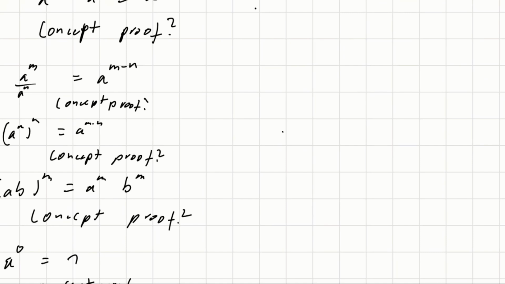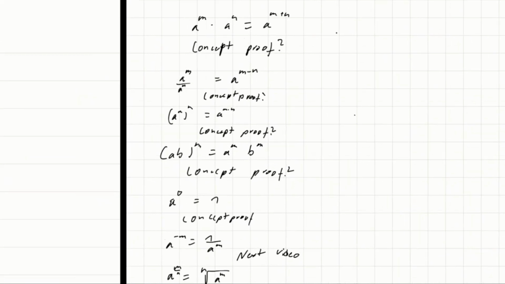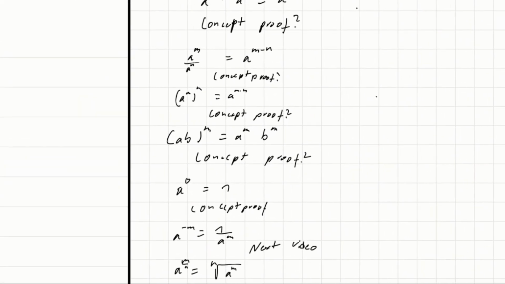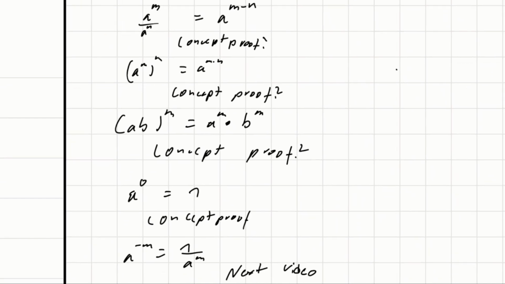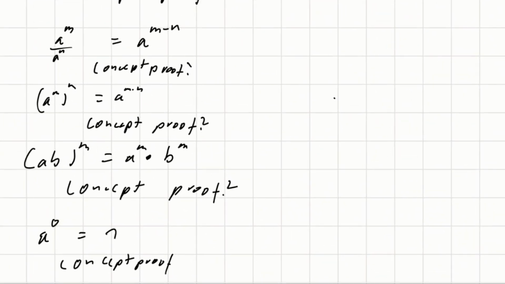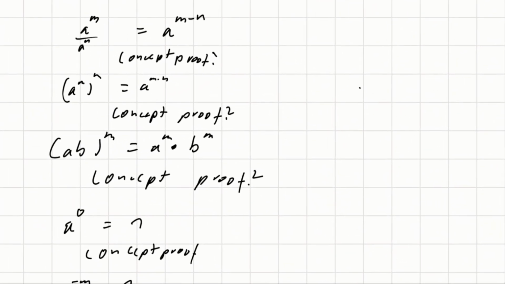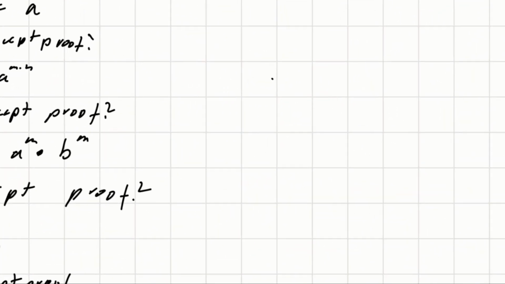So, ab to the power of m is nothing else than a to the m times b to the power of m. Why is this true? Right, so same idea here.